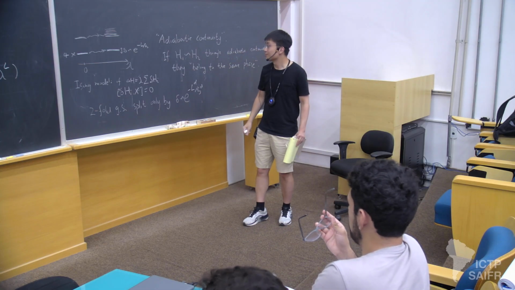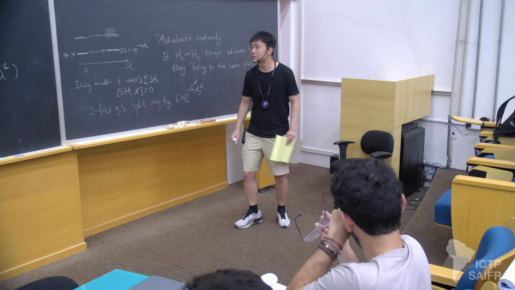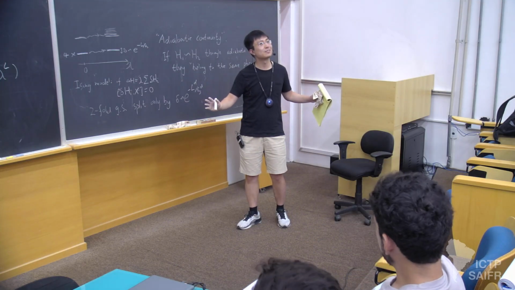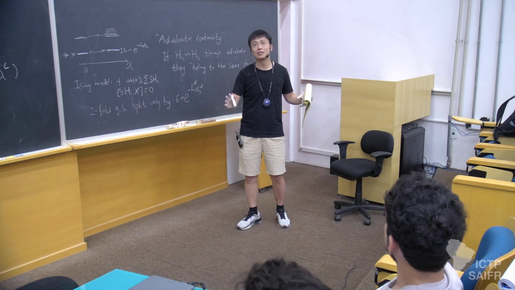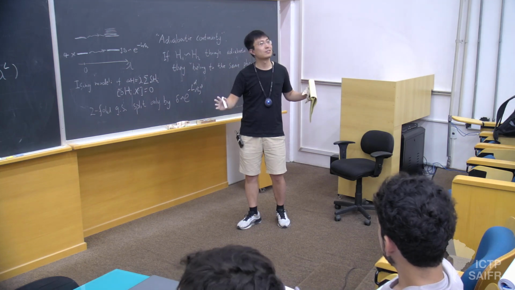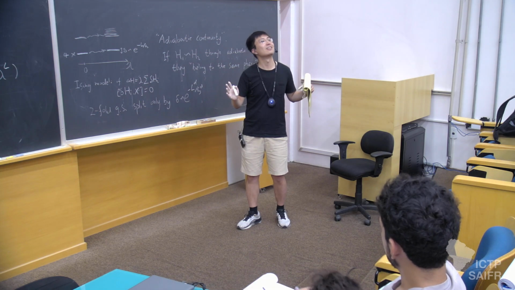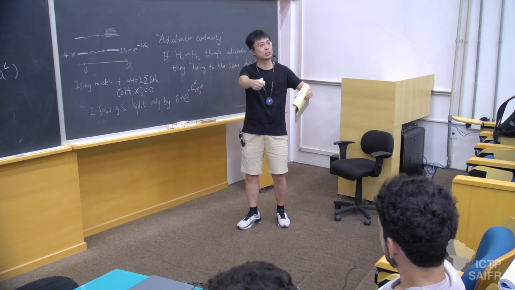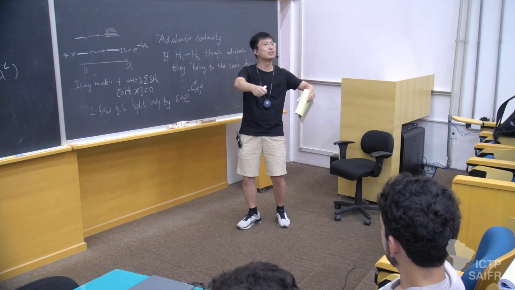Imagine two different Hamiltonians, right? If there exists a path from one Hamiltonian, turn on some perturbation, maybe reduce some term gradually.